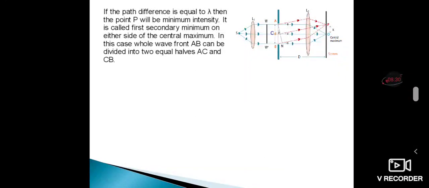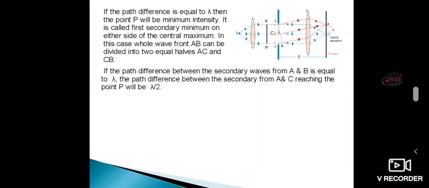It is called the first secondary minimum on either side of the central maximum. In this case our whole wavefront AB will be divided into two equal halves, one is AC and another one is CB.